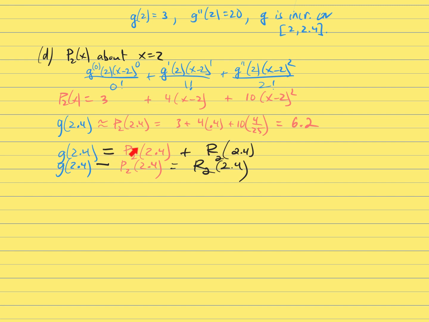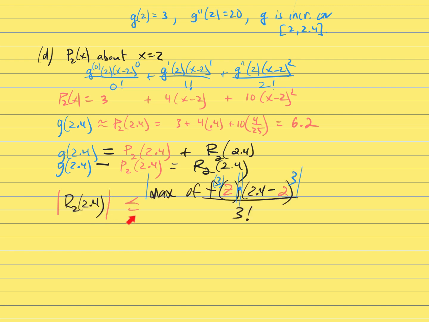So the exact value minus our approximation is equal to the error, or our remainder, and we can bound that error by the first unused term of our Taylor formula with a small twist that instead of this value being c, it's going to be z. Z is some value between where it's centered, 2, and where we're evaluating it, 2.4.